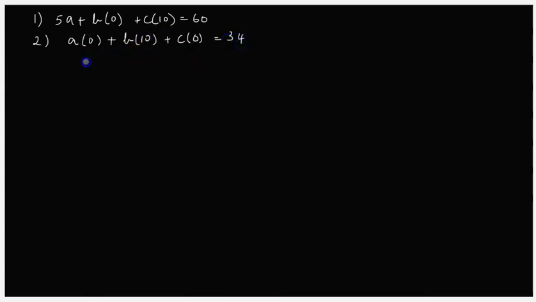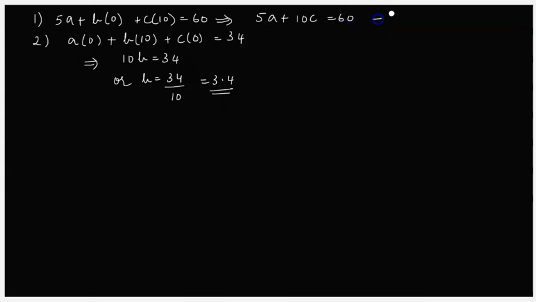So this will simplify to 10b is equal to 34, or b is equal to 34 divided by 10, which is equal to 3.4. The first normal equation will simplify to 5a plus 10c is equal to 60. I'll call this as equation 1.